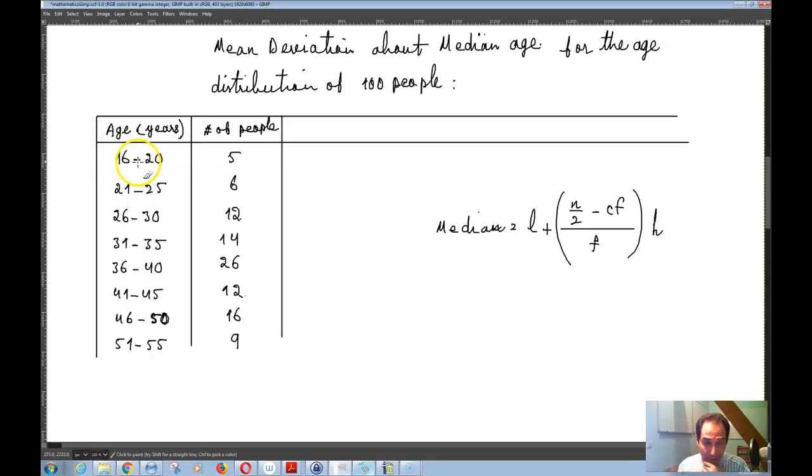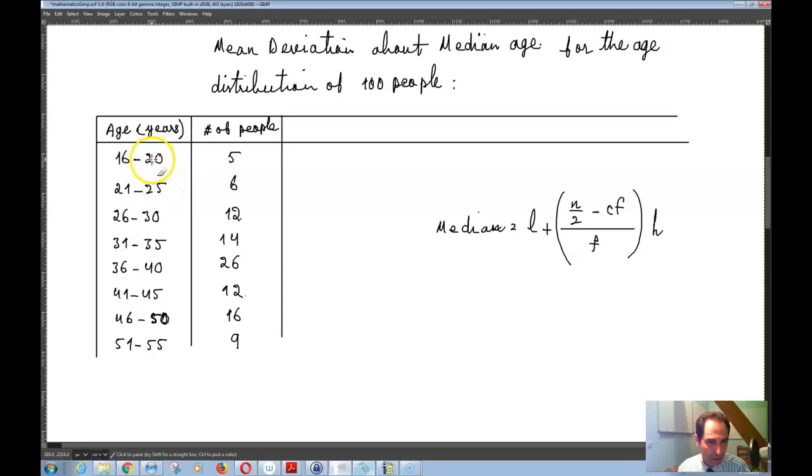But the problem is that these classes are not continuous, meaning that you go from 16 to 20 and then from 21 to 25.